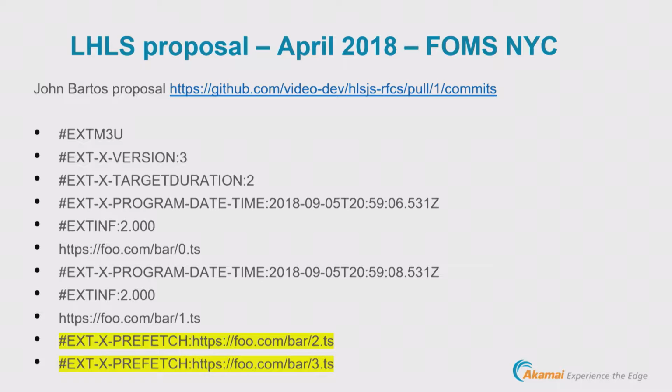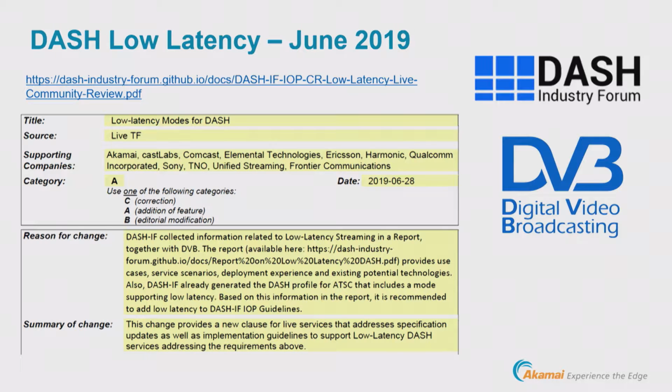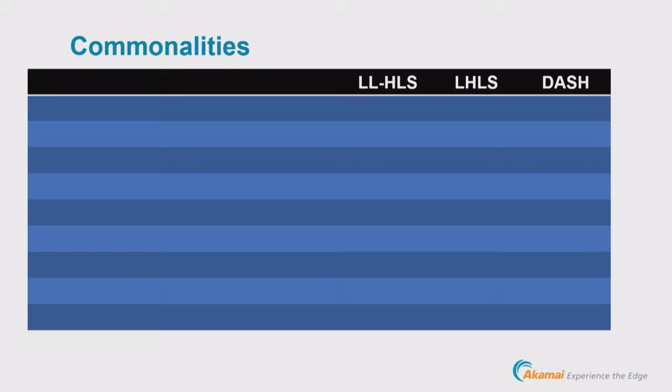It's using HLS as the descriptive format, but combining it with chunk-based transfer. And we also have the Dash low latency proposal, which is now available for community review on the website. I put the link up there. We've also, within Dash IF, been working very closely with DVB, so we've harmonized the 2 low latency solutions around Dash. So this is our third contender as we look towards low latency implementations.